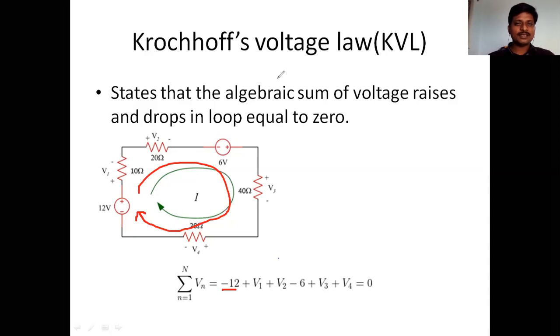And if it is leaving, you have to take the leaving terminal as negative for passive elements. So this convention is so important. If you miss this point, you are going to get wrong answers while you are doing problems. Okay. So remember this point.